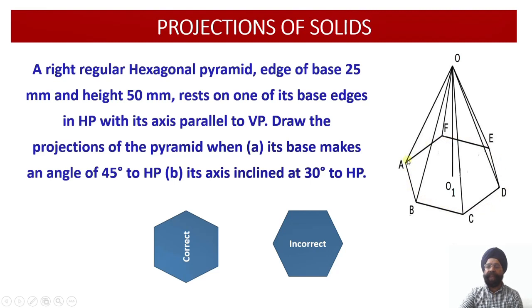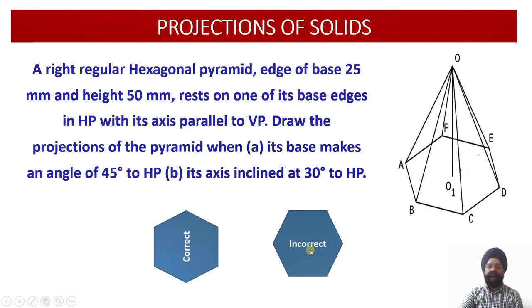So this is the base of the hexagonal pyramid which will be lying onto the horizontal plane. So this will be viewed as a true shape in the top view, and this will be drawn below the XY reference line. Now we have to work out which of these two orientations will represent the correct orientation of this solid.